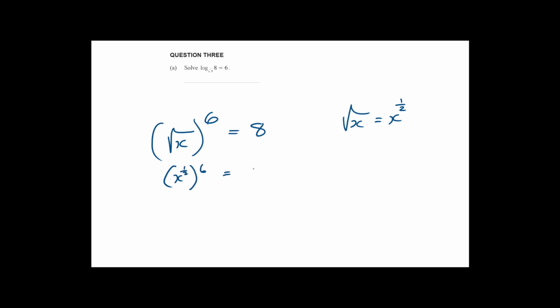So let's expand this out now in terms that we're familiar with. The square root of x to the power 6 equals 8. Okay, so the square root of x is the same as x to the power of half. So x to the power of half times 6 equals 8.